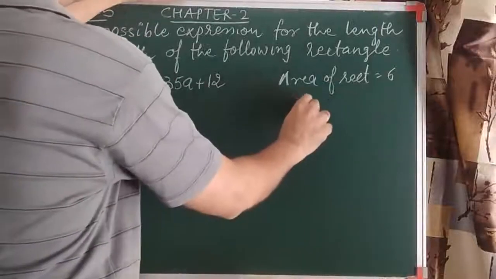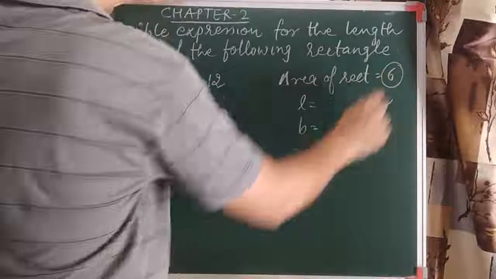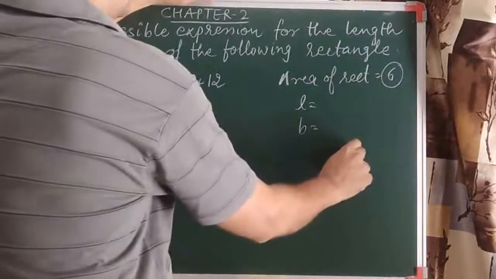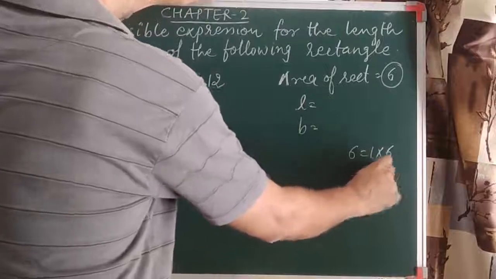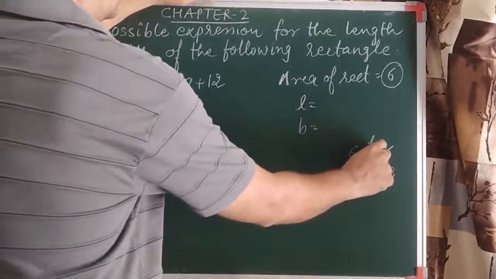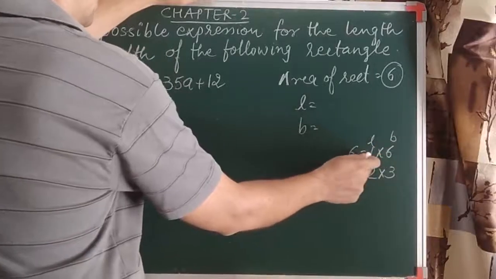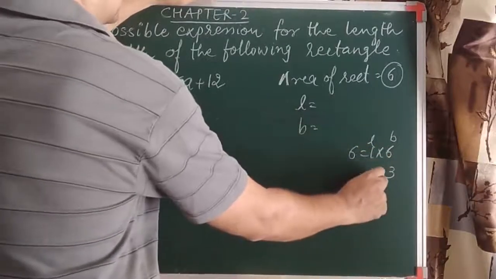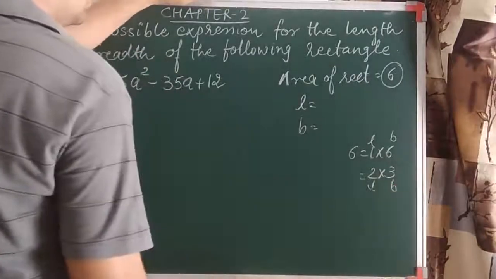So what are the possible values of length and breadth? It's based on the given number. So we'll find all the possible factors of this given number. So either length is 1, then breadth 6, or length 6, breadth 1, or length is 2, breadth is 3, or length is 3, breadth is 2.